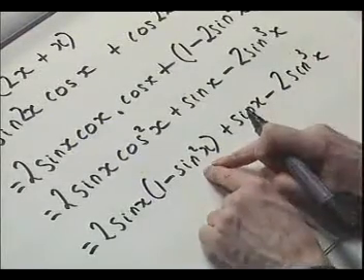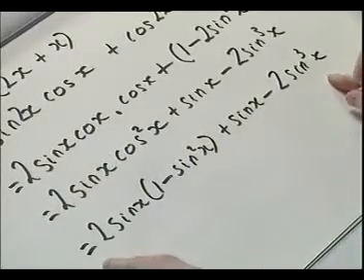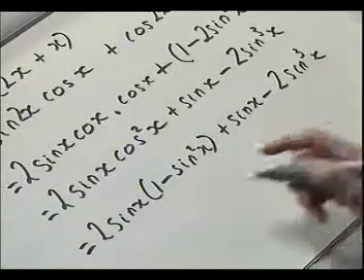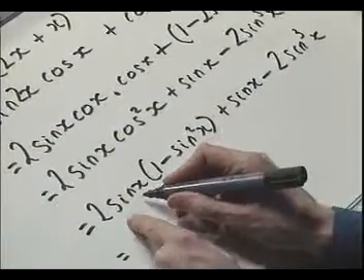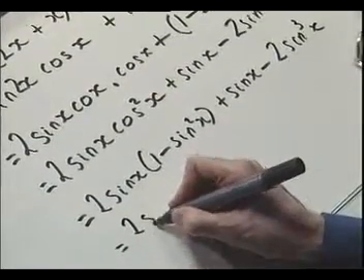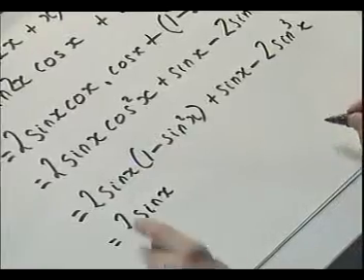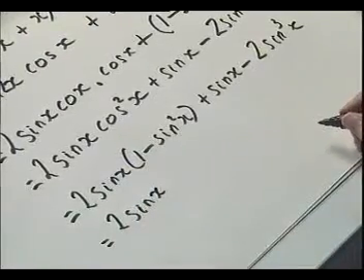And so we can see here everything is now in terms of sine x, and all we need to do is tidy it up. So we multiply out this bracket, 2 sine x for the first term, 2 sine x times by 1.